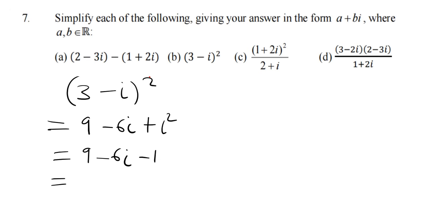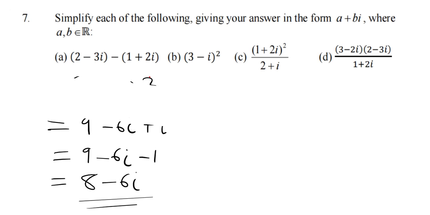So if you put a square on the square root of negative 1, you're just going to get a negative 1. Now that we've got 9 minus 6i, this is a real part and this is a real part, so 9 minus 1 will give us 8. So we're going to have 8 minus 6i. That is our final answer for b.